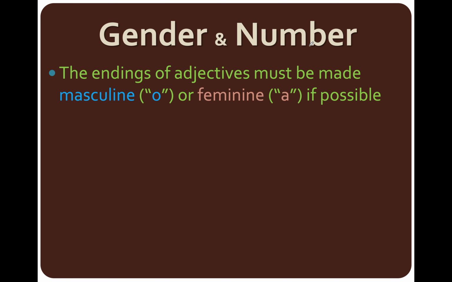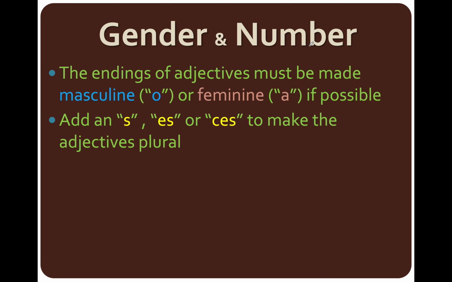What about number? By number, I mean singular versus plural. If you remember way back at the beginning of the year, to make a noun plural, there were 3 rules in Spanish. If it ends in a vowel, you add an S. If it ends in a consonant, you add an ES.